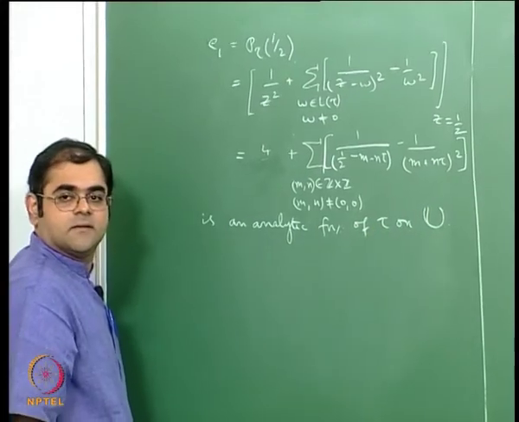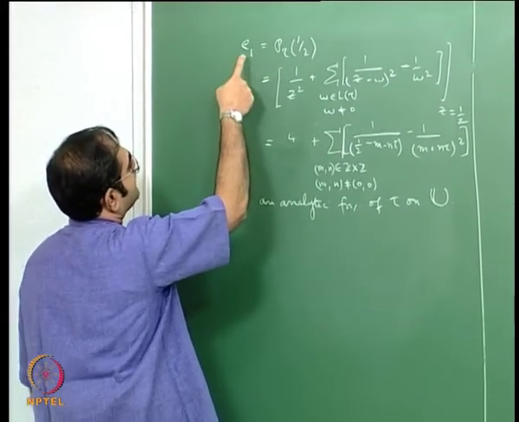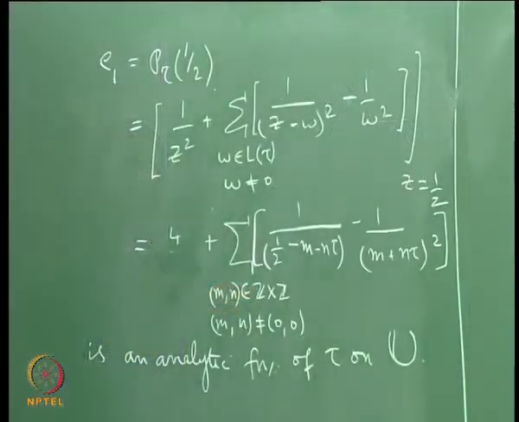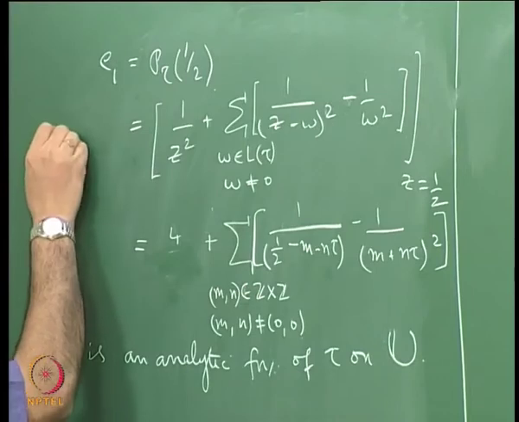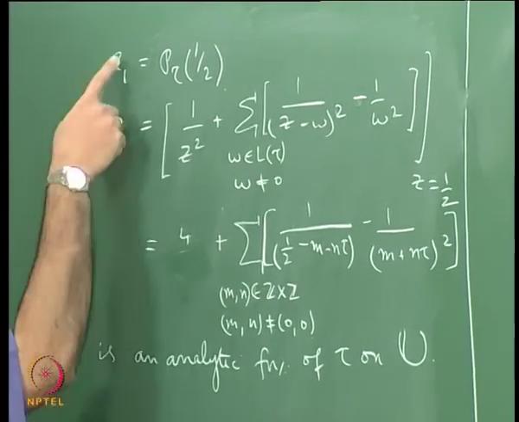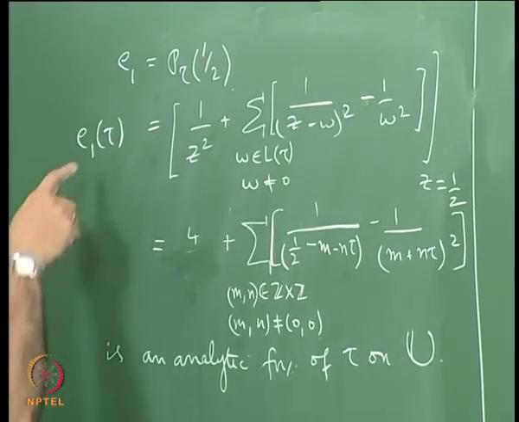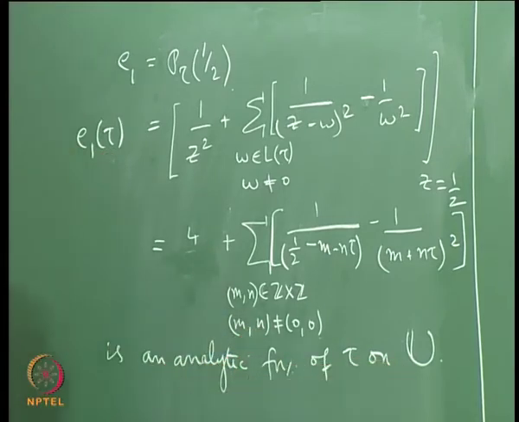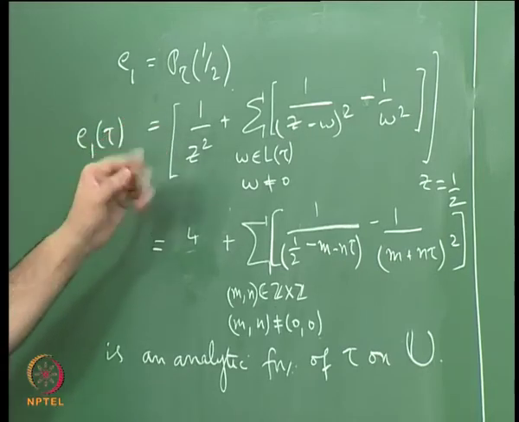See, the clever thing is, E1 depends on tau, E1 is E1 of tau. Now look at it as a function of tau, it is very clear that this is an analytic function of tau.